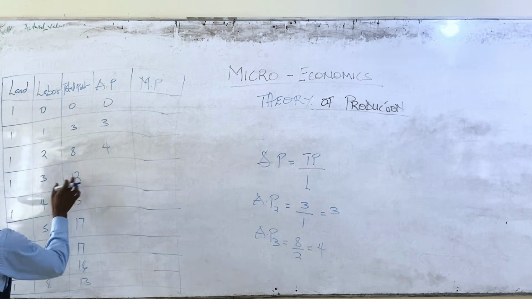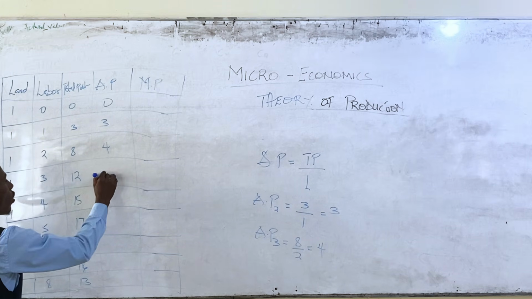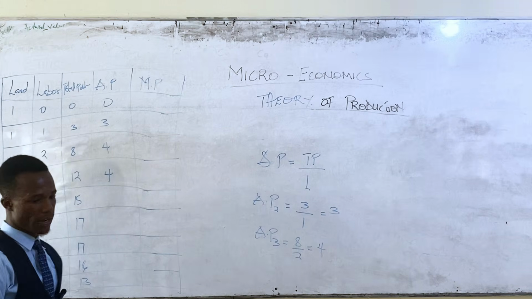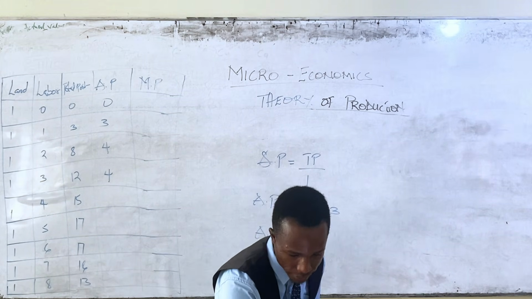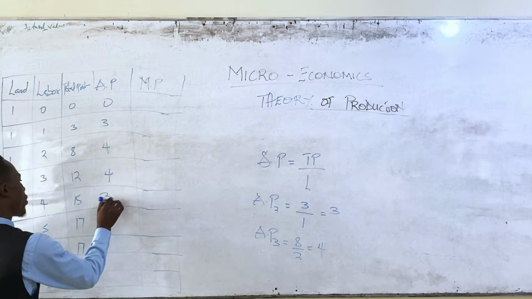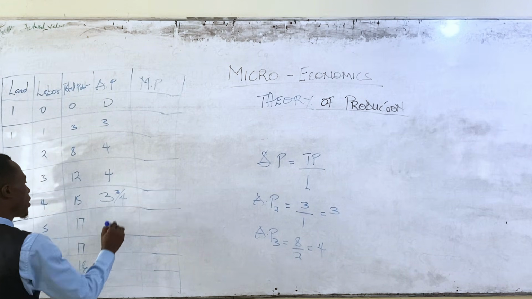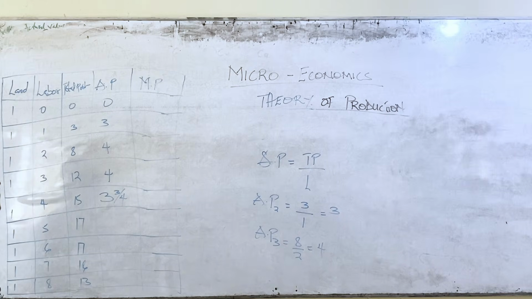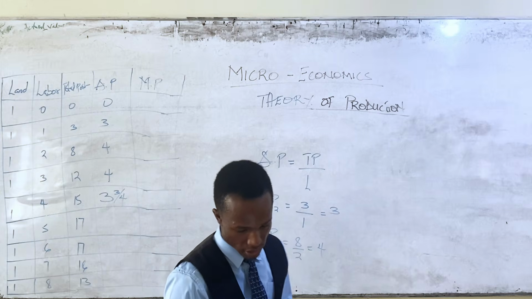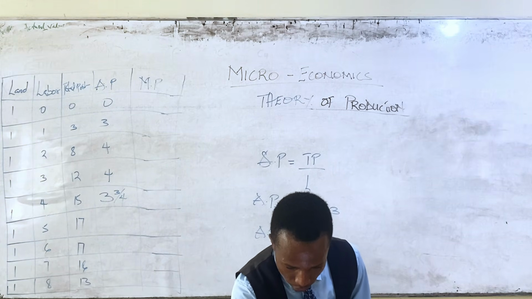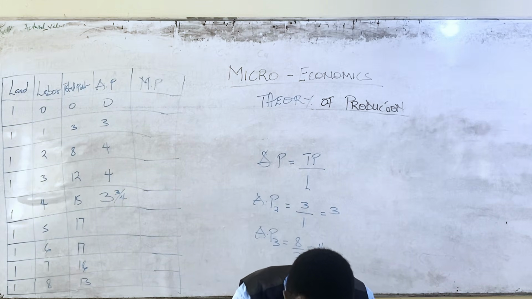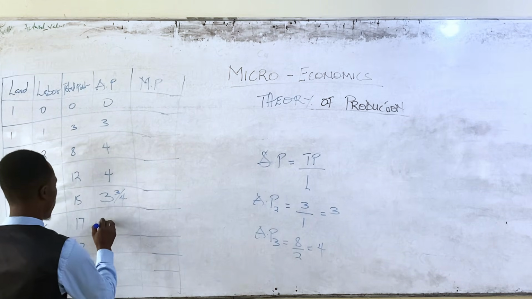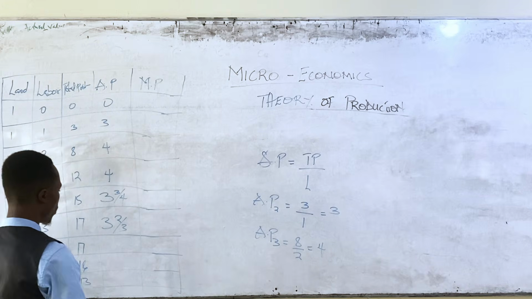When you get here, 12 divided by 3 will give you 4, and 15 divided by 4 will give you 3 whole number, 3 over 4. In most cases write them in mixed fractions, not decimals. And 17 on 5 will give us 3 whole number, 2 on 3.